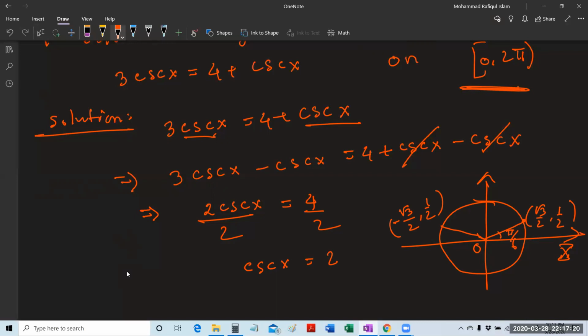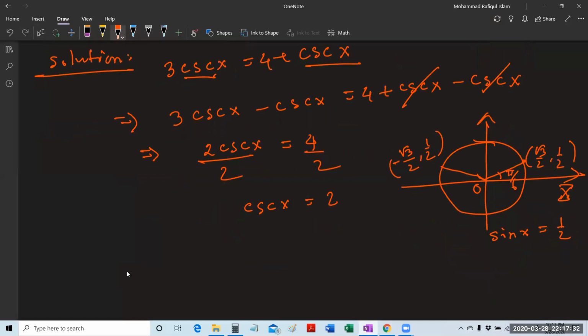So here the first angle is pi over 6, that gives you sine x equals 1 half. And using the reciprocal rule, we know that cosecant x equals 1 over sine x.